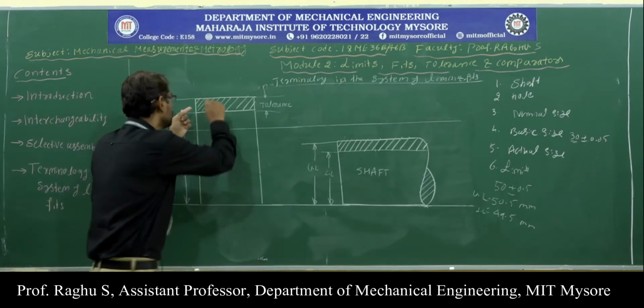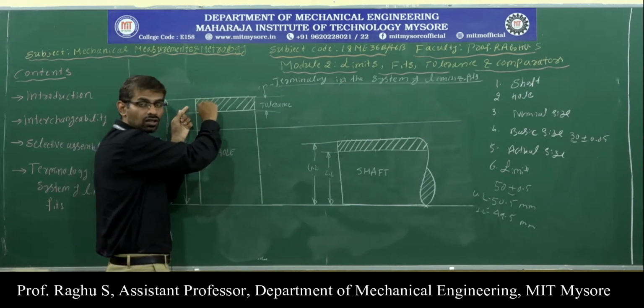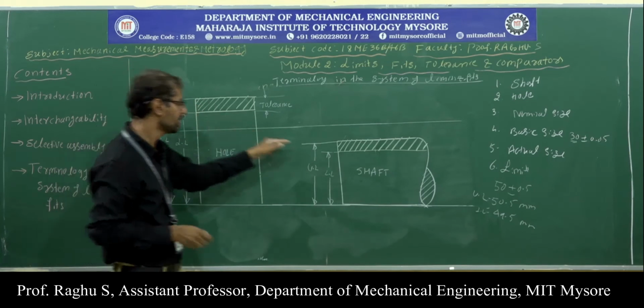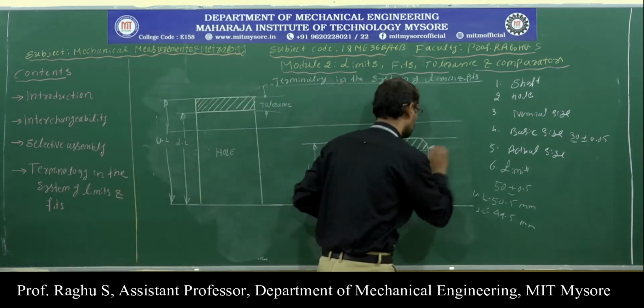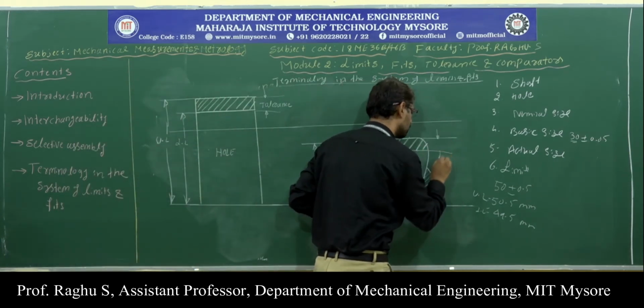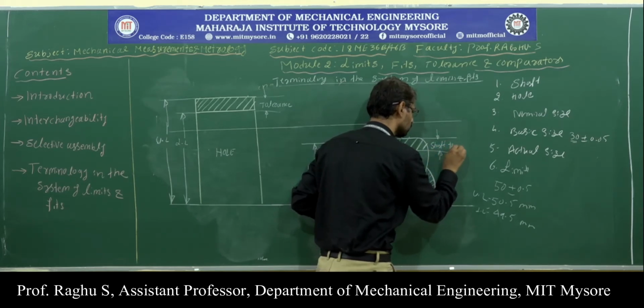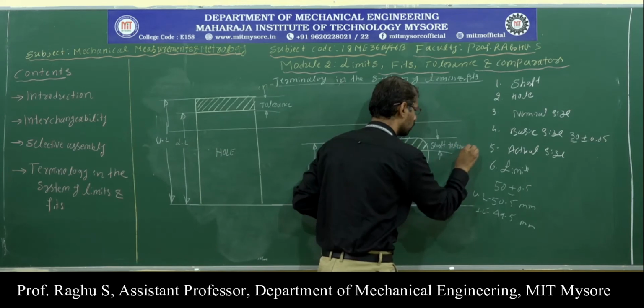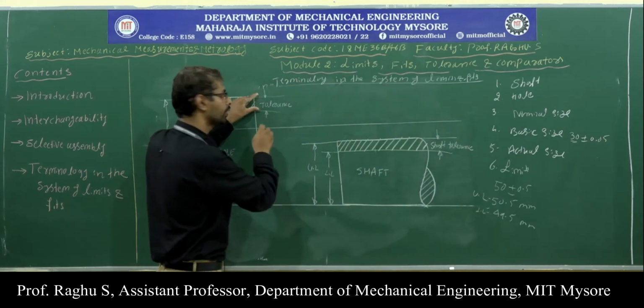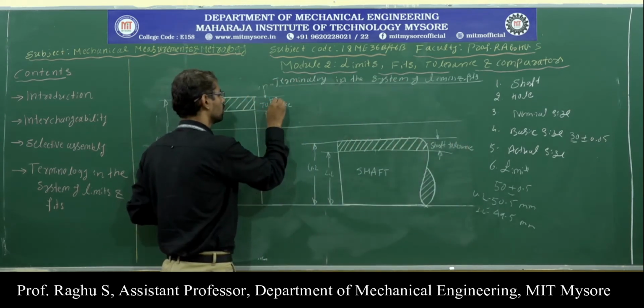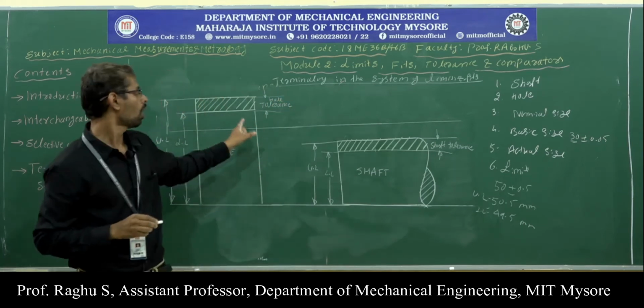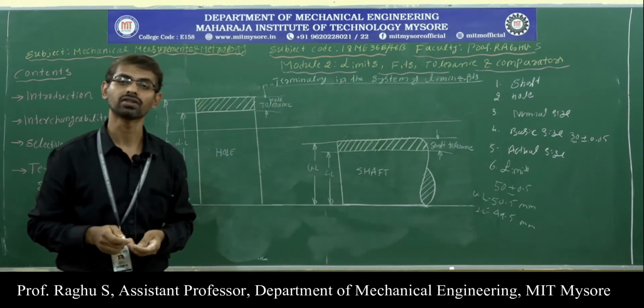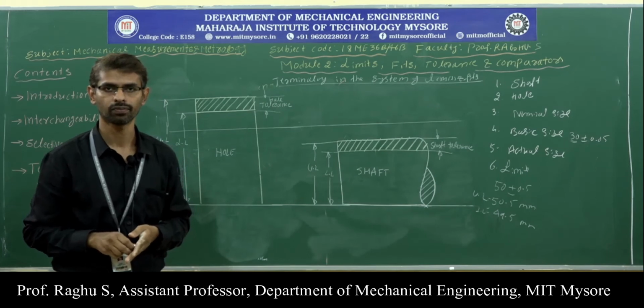In the case of the shaft, this is the shaft tolerance, and this is the hole tolerance. So allowable variations of size is called tolerance.